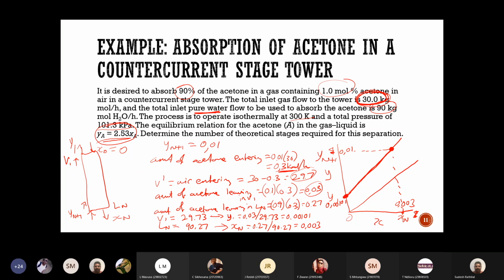All right, I want to work out the number of stages. How do I work out the number of stages? I am starting off at 0.01 at yn plus 1. That is what's coming in. I'm starting from here. I want to end up here. So I start stepping off, and so on.